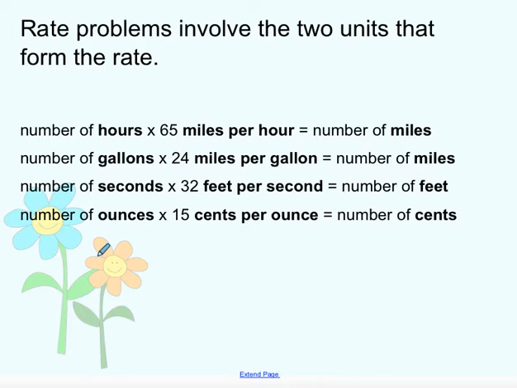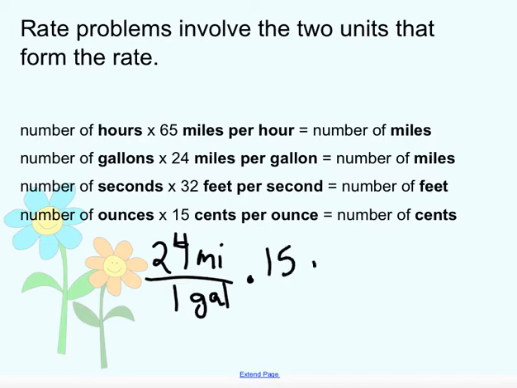So let's say we have 24 miles for 1 gallon, and at the store I bought, let's say, 15 gallons of gas. As we can see, those gallons are going to go away and we find how many miles we get. By using those fractions, we can cross out certain measures so that we can see what is left over.